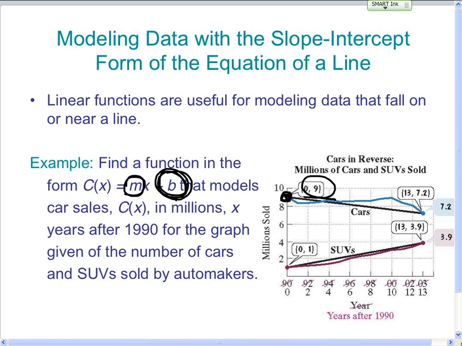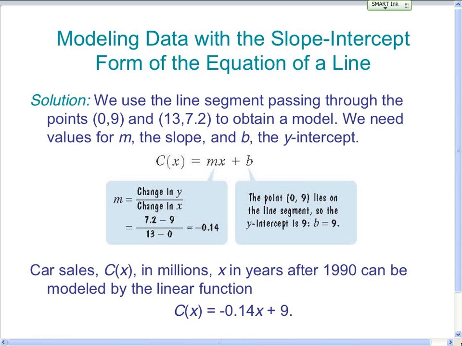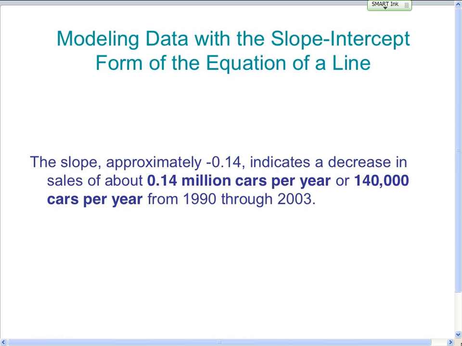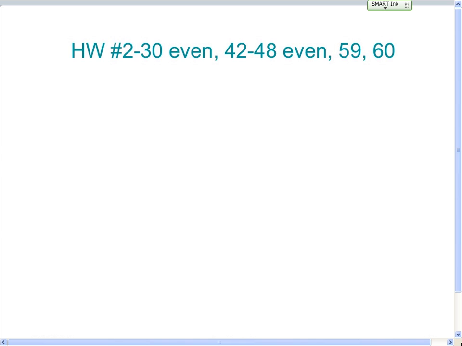We would find the slope between those 2 points. And so here is your function. I know I'm doing that quick, but I wanted to stop the video before it went on and on and on. So here's your homework.